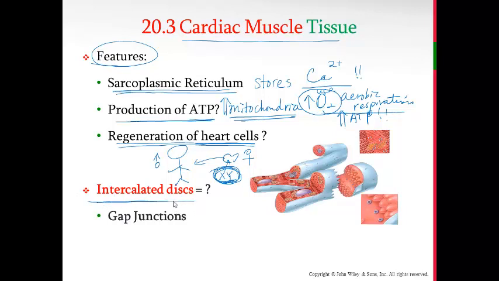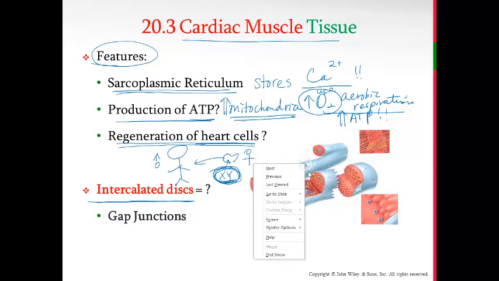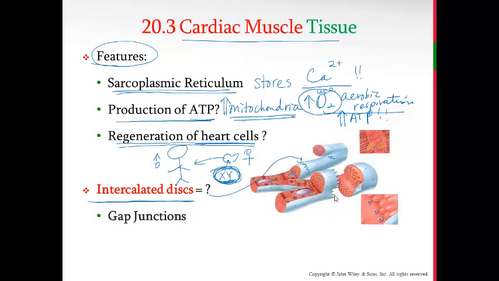Now, the heart also has something very special. It has something called the intercalated disc. If you take a look over here, the discs are the zigzag area. And if we were to pull apart the two cells, that's what we call the intercalated disc. Now, where these discs are, you will see, for instance, gap junctions.